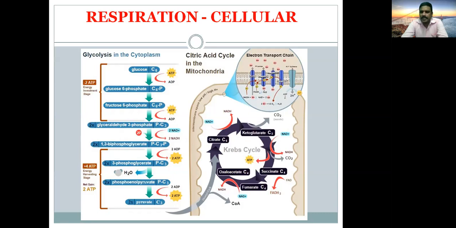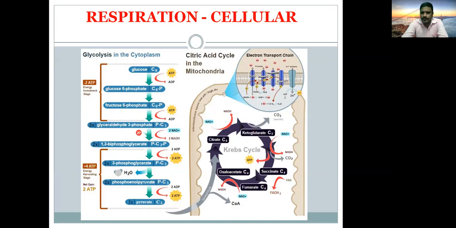Energy is liberated when a complex molecule is broken down into simpler molecules, and that process requires breaking down the chemical bonds. When a chemical bond is broken, the energy which was earlier utilized for the formation of that chemical bond will be released.